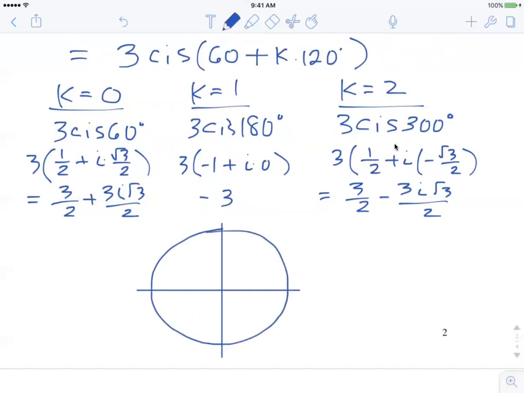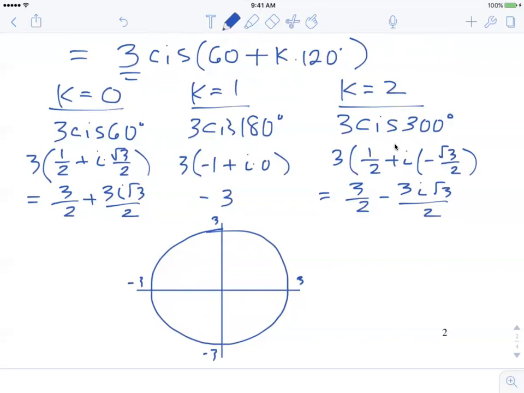Okay, this circle has a radius of 3 because my R is 3. So that's +3 there, -3 there. All of these values, all of these complex numbers as vectors are going to appear inside that circle.